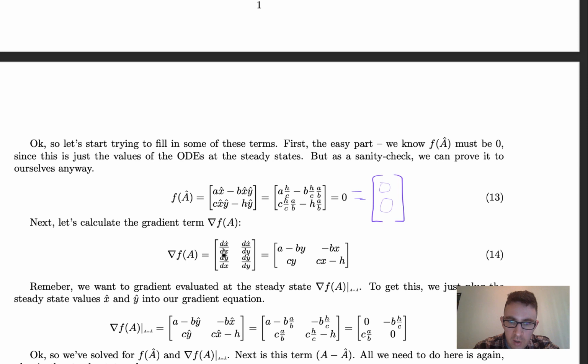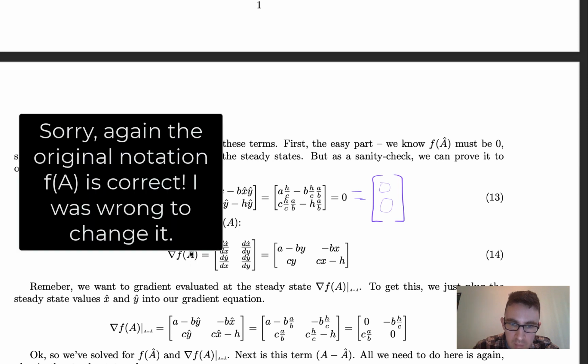This term here is the partial derivative of x dot with respect to x, then the partial derivative of x dot with respect to y, then the partial derivative of y dot with respect to x, and then the partial derivative of y dot with respect to y. Again, sorry about the notation mistake, it should be x dot here.